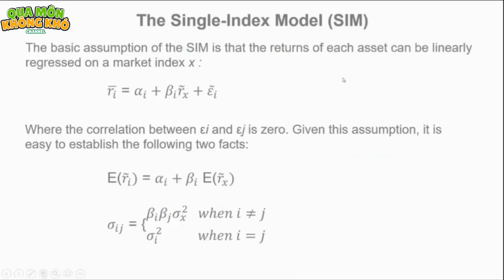The basic assumption of this scheme is that the return of each asset can be linearly regressed on the market index, where the correlation between epsilon_i and epsilon_j is zero. It's easy to establish the following two facts.